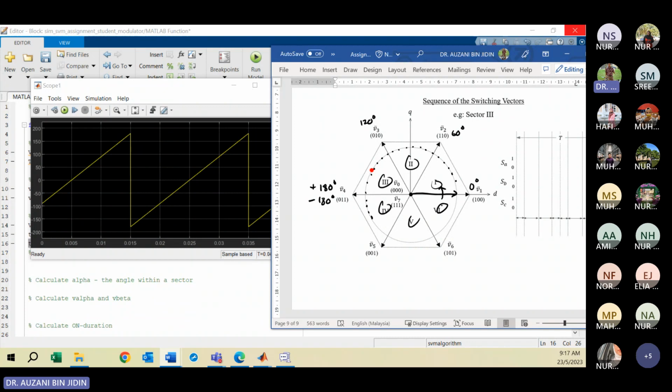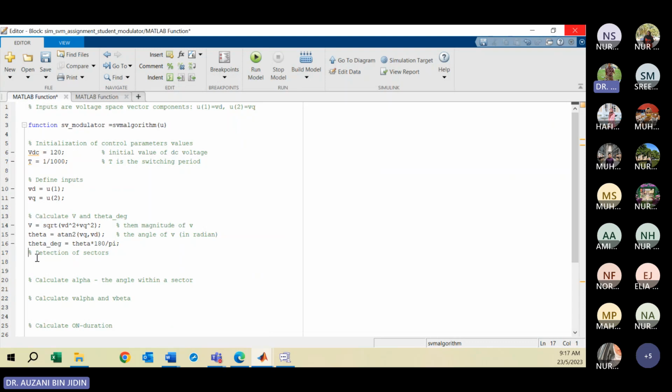How to detect the sector? You have studied C programming in the microprocessor class. You can apply if else. How to do it? Okay, detect the sector. Next step.